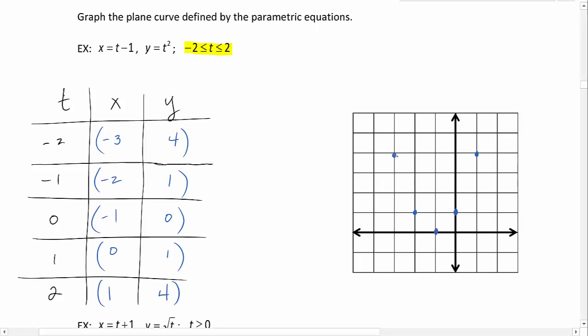So we're going to start here with our point negative 3, 4, and finish up here at our point 1, 4. The last thing we need to do is put in our orientation arrows to indicate where we started. And you really want to put one of these arrows in between every single point. So there we go. There's our first graph of a parametric equation.